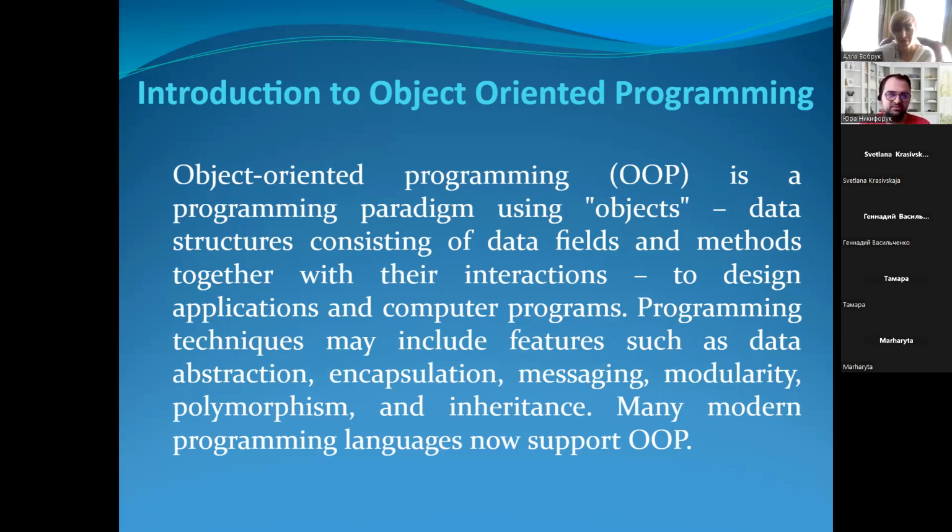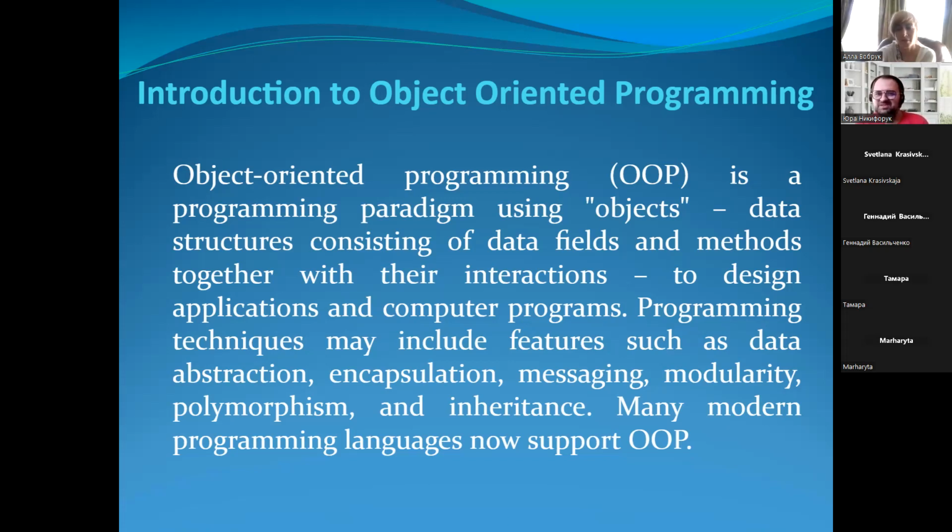Class is some user-defined data type. It's some blueprint for individual objects. And objects are instances of a class created with special defined data.